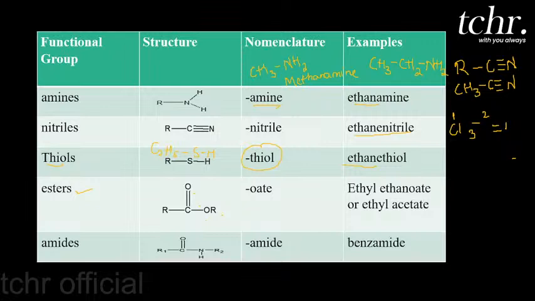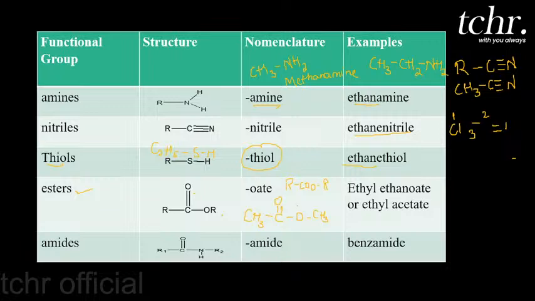Now, to make it easy, I will write one example. CH3 C double bond OCH3, COO, or in a general simple way, RCOOR, two alkyl groups.